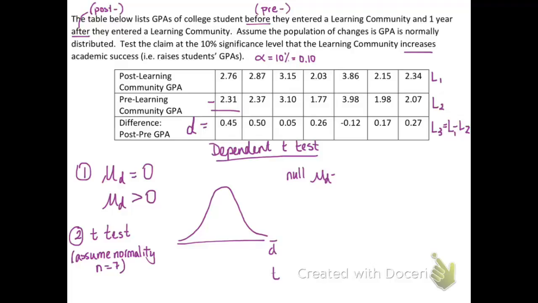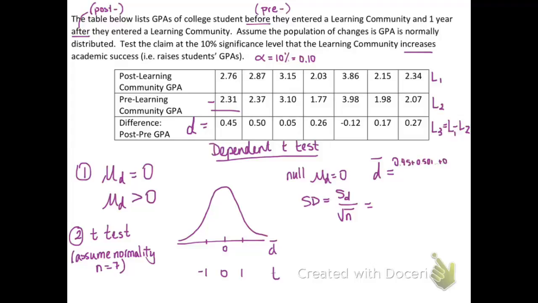The null is that there is no difference, so we're assuming the null is true. And then we look for the standard deviation. The standard deviation is the standard deviation of the differences over the square root of n.